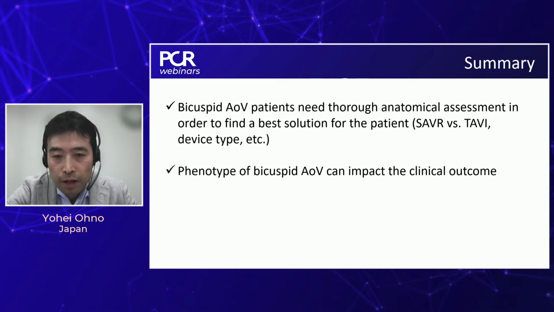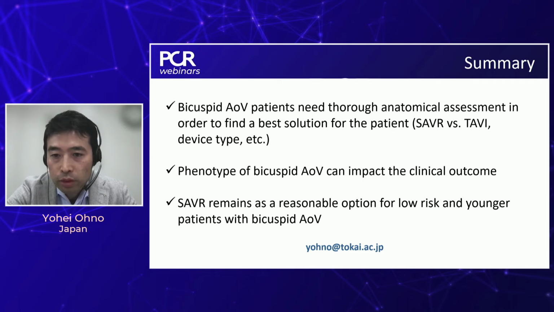The phenotype of bicuspid aortic valve, as I showed in my slides, can impact the clinical outcome, so we need a very careful look at it. And surgical aortic valve replacement still remains a reasonable option, especially for low risk and younger patients with bicuspid aortic valve. Thank you for your attention.